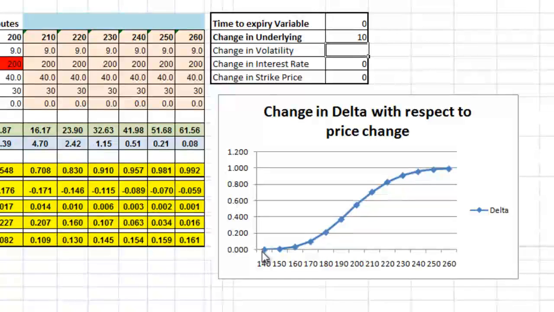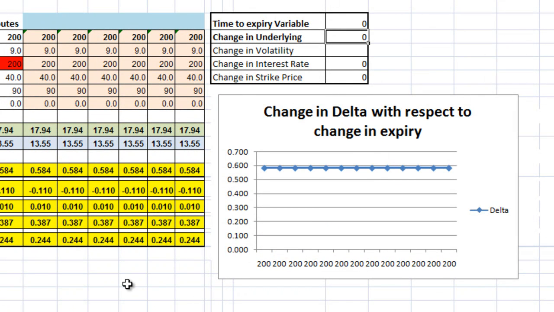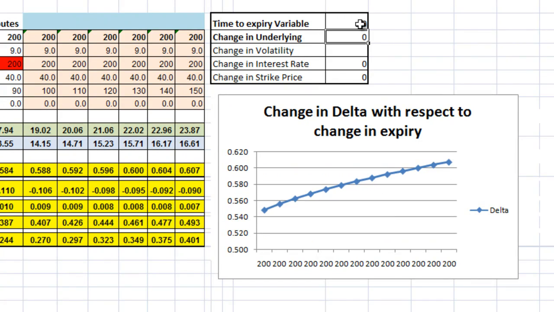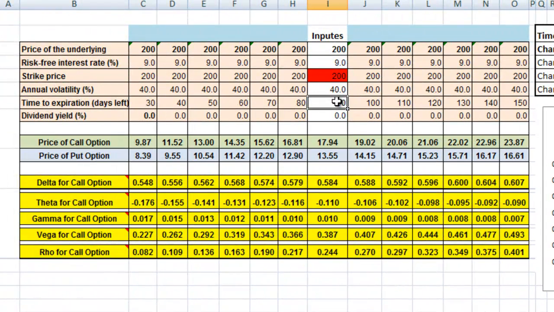Now what happens with time? Change in delta with respect to change in expiry. If we keep all the other factors the same and increase the expiry of the contract, what happens to the delta? Now let's say I increase the expiry value. I can see here the inputs were 90, now it is 100, 110, 120 and 130.